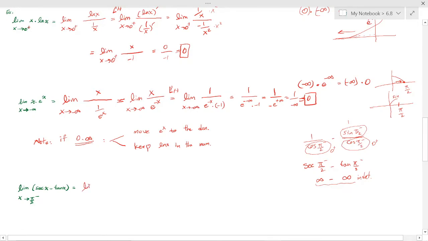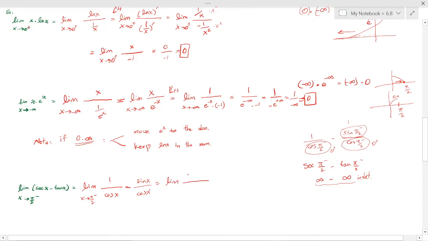I've already given you the idea to write in terms of sine and cosine. This would be 1 divided by cosine x minus sine divided by cosine x, as x approaches pi half from the left. You cannot deal with this negative sign in between. You have to turn it into one fraction, then you can apply the L'Hopital rule.